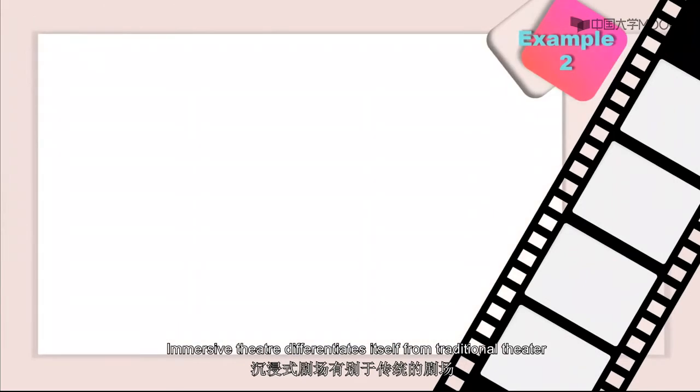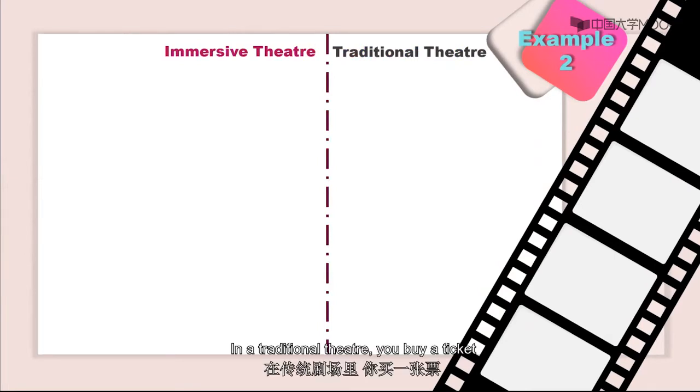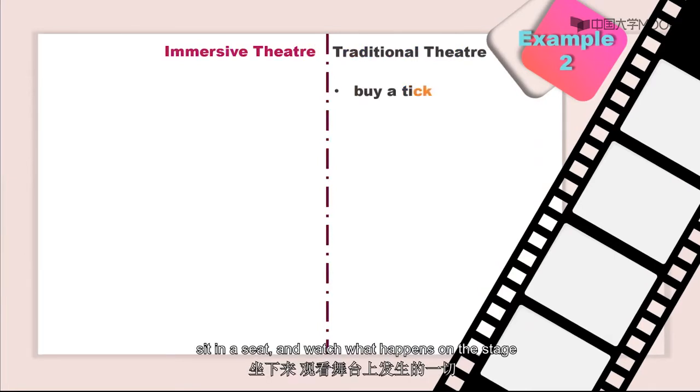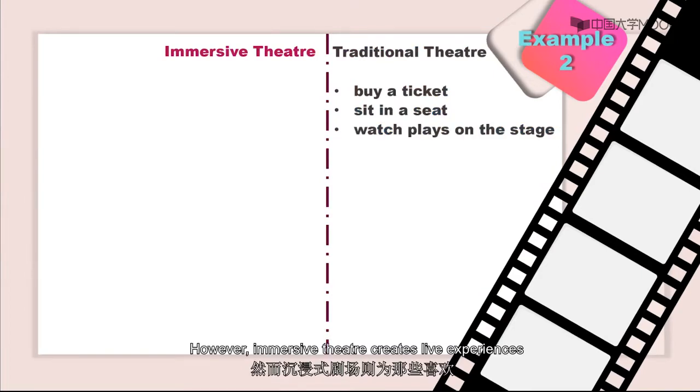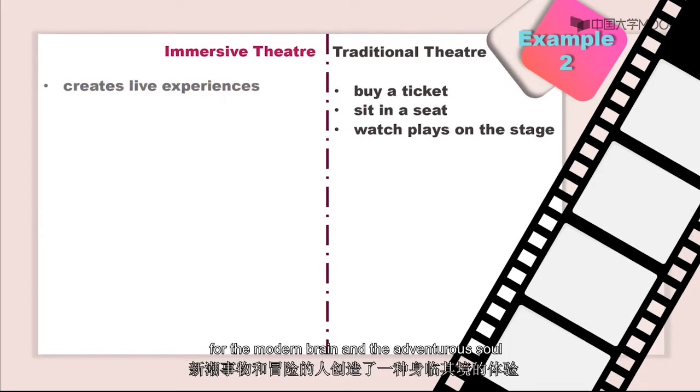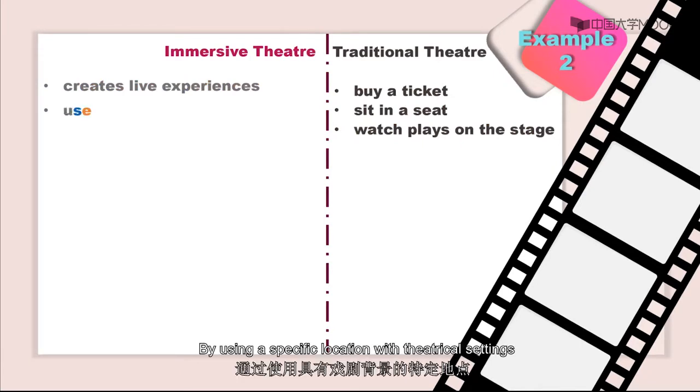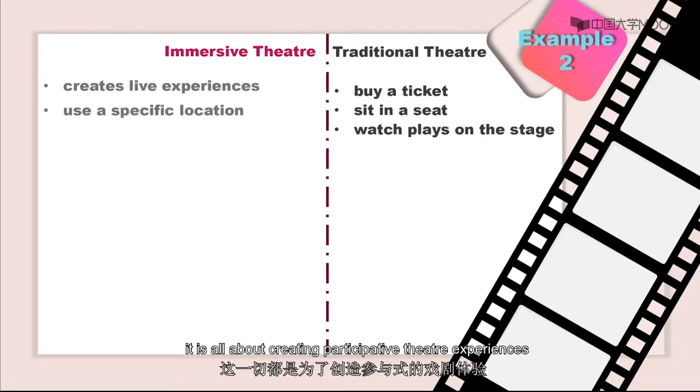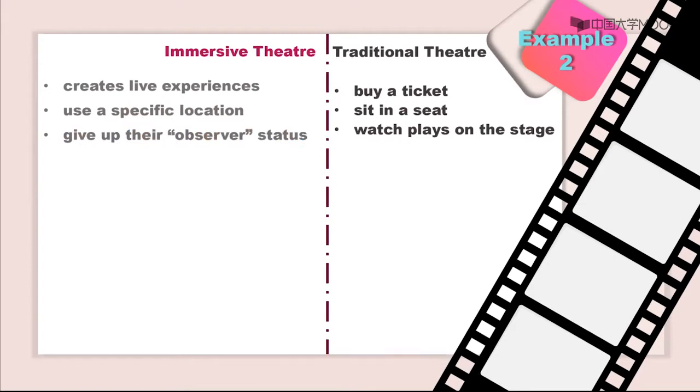Immersive theater differentiates itself from traditional theater. In a traditional theater, you buy a ticket, sit in a seat, and watch what happens on the stage. However, immersive theater creates live experiences for the modern brain and the adventurous soul. By using a specific location with theatrical settings, it is all about creating participative theater experiences, where the audience gives up their observer status.